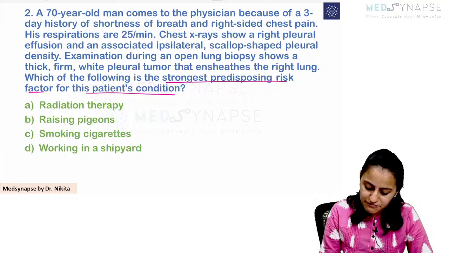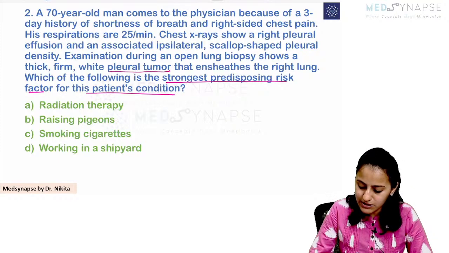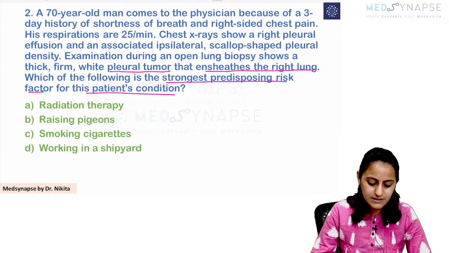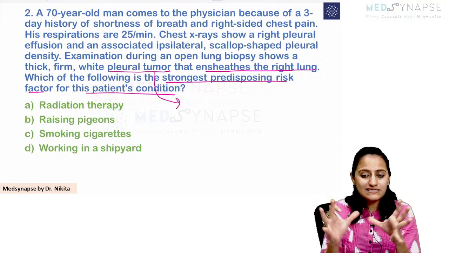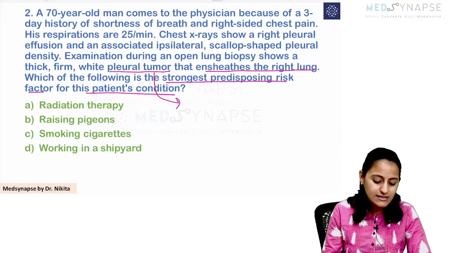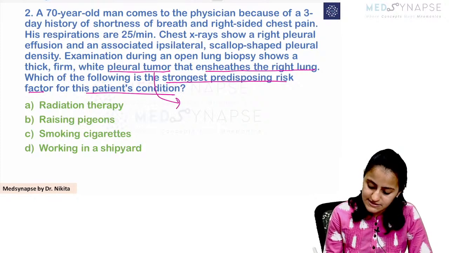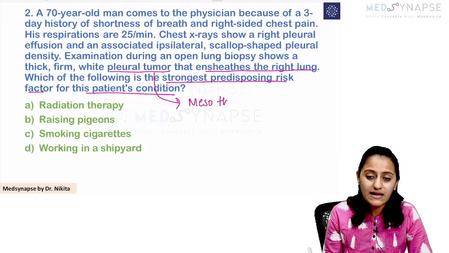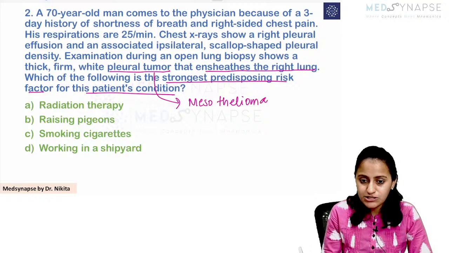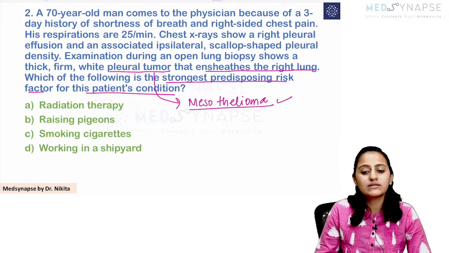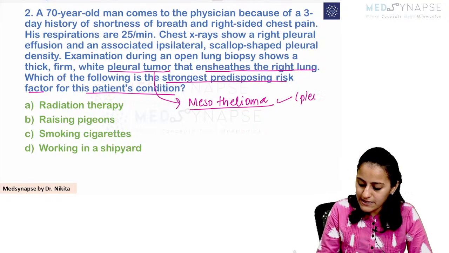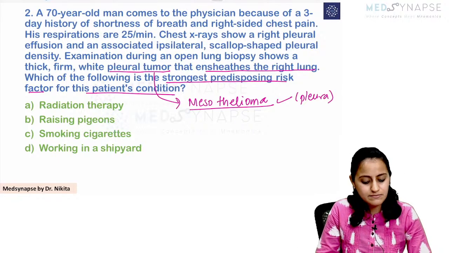Examination shows a thick, firm, white pleural tumor that ensheathes the right lung. When I see a pleural tumor ensheathing the lung, basically what tumor is it suggestive of? It is pleura. What is pleura lined by? Mesothelium. So, the tumor here is a mesothelioma, because remember, when I say pleura, the lining of the pleura is the mesothelium.